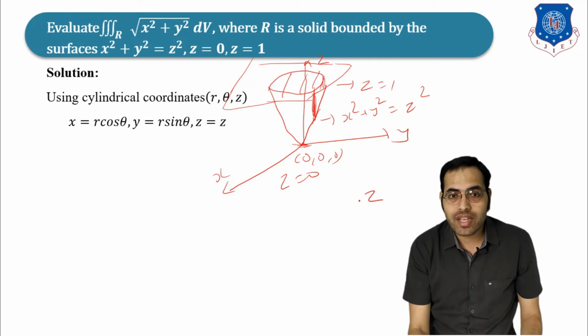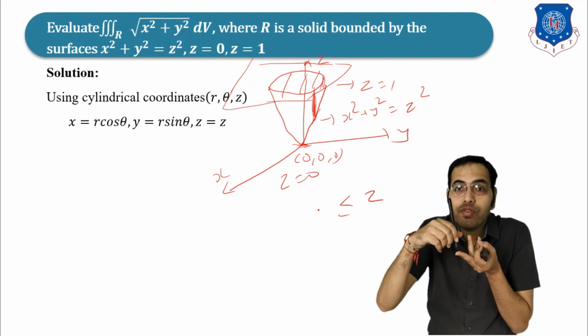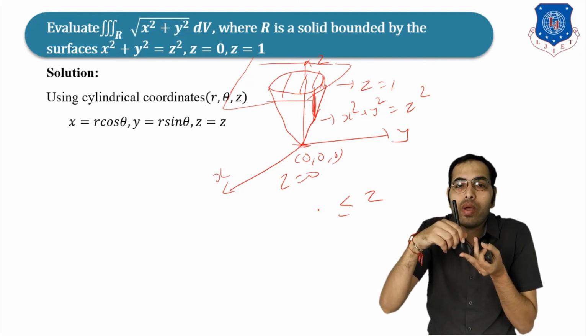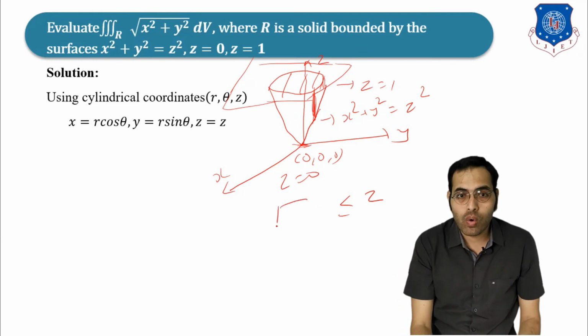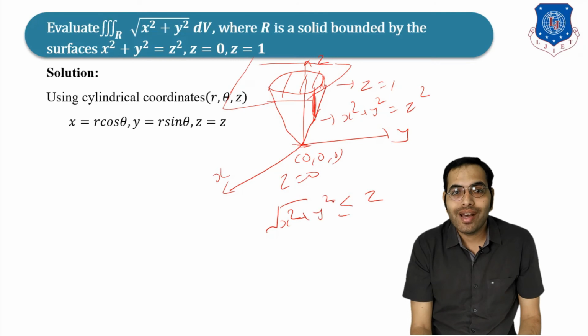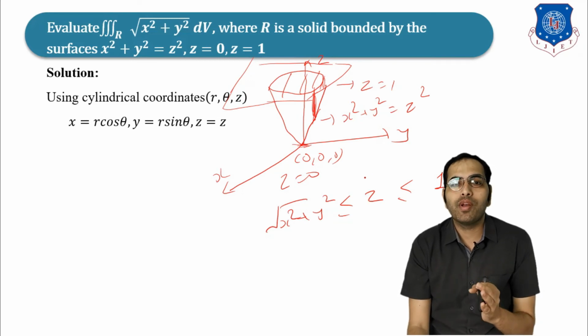Making the cone equation the subject, z equals square root of x square plus y square, so z varies from square root of x square plus y square to 1. That is the limit of z.